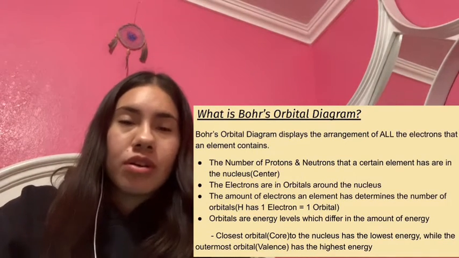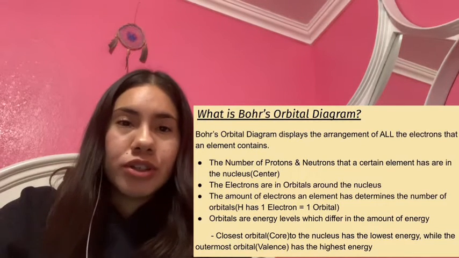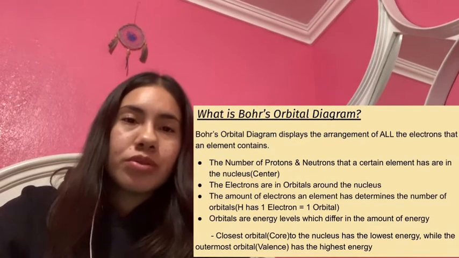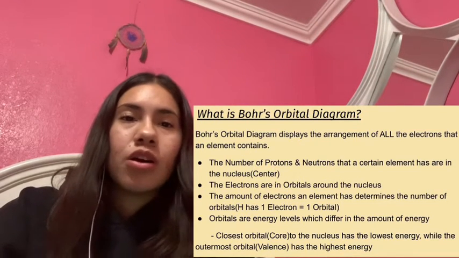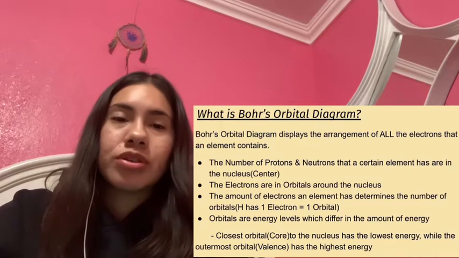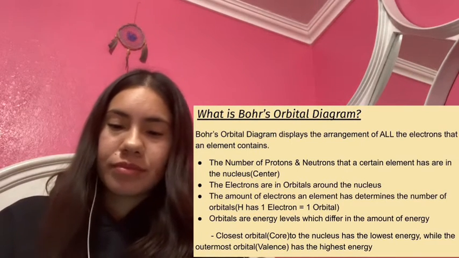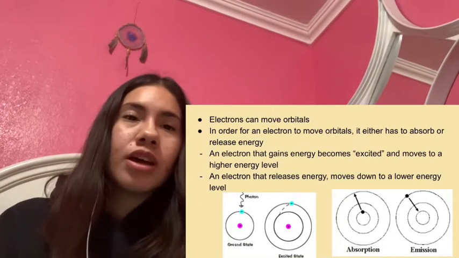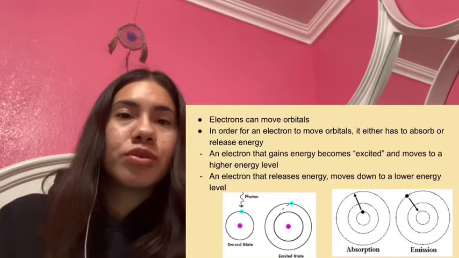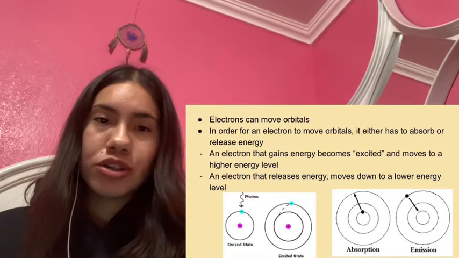So orbitals are energy levels, and they vary in the amount of energy. The closest orbital to the nucleus, which is called the core, has the lowest energy, while the outermost orbital, which is called the valence orbital, has the highest energy. And so electrons can move orbitals. In order for an electron to move orbitals, it either has to release or gain energy.